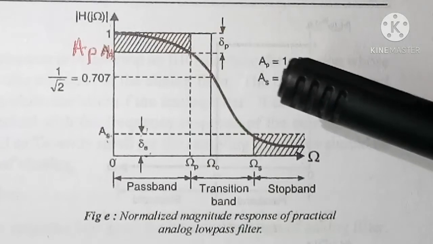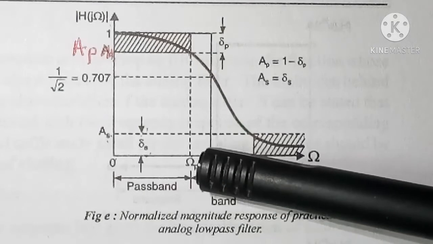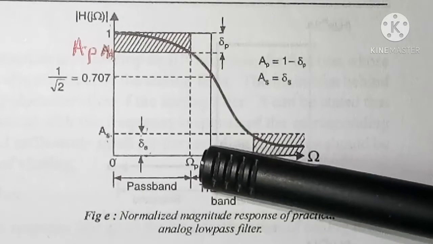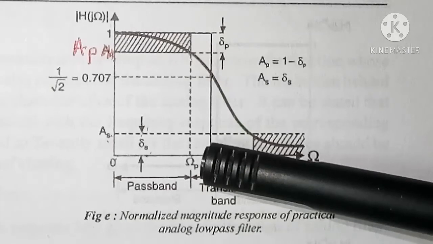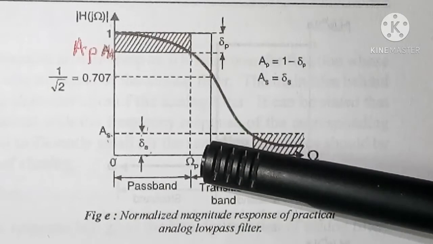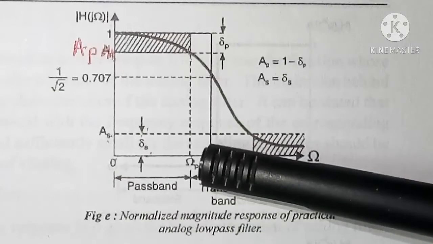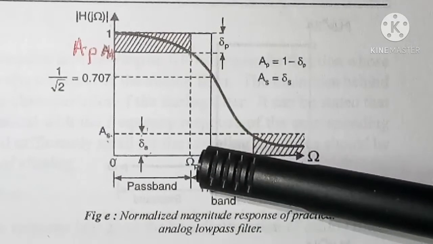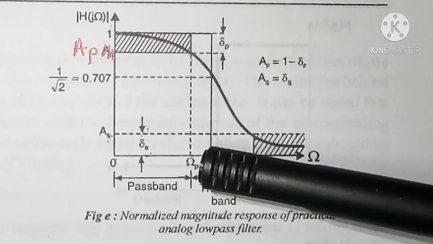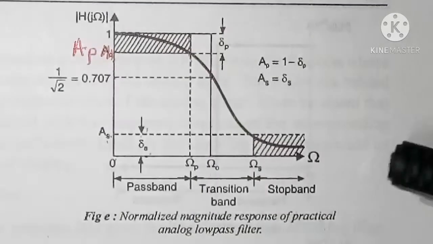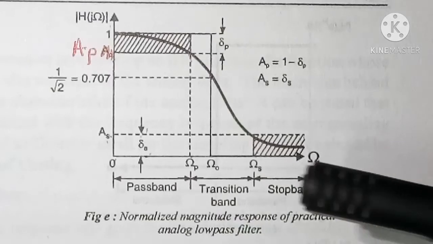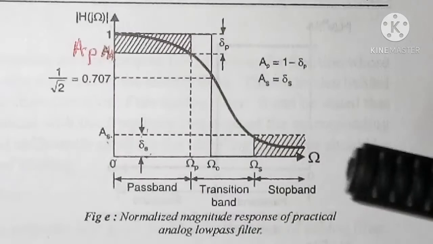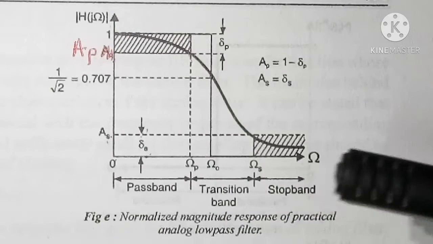But when the frequency omega p is crossed, omega p here is called the passband edge frequency. For all analog frequencies, the unit will be radians per second.